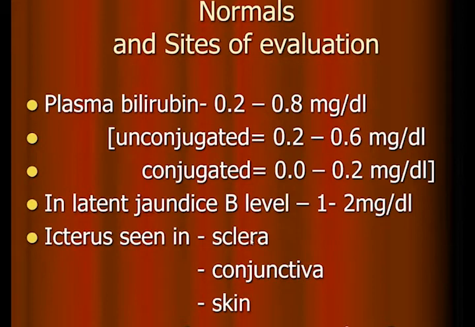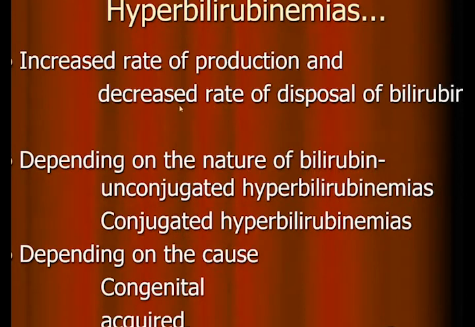In all these areas, yellowish discoloration will be there. In the skin of adults it won't be easily seen, but in children the skin will be yellowish in color. All these areas you will have to look at for increased bilirubin level.